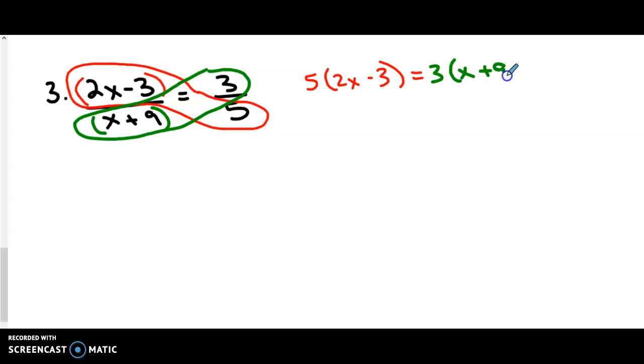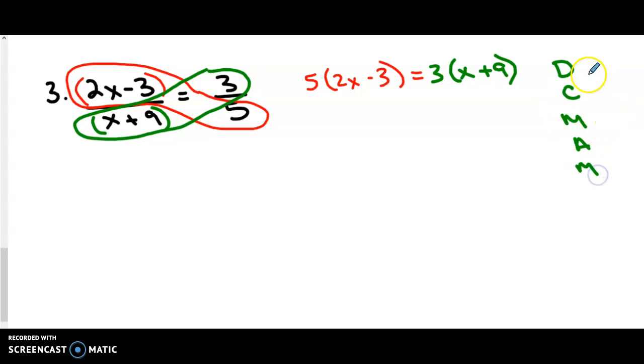So there's an acronym for when you are solving proportion equations, and the acronym is DCMAM.